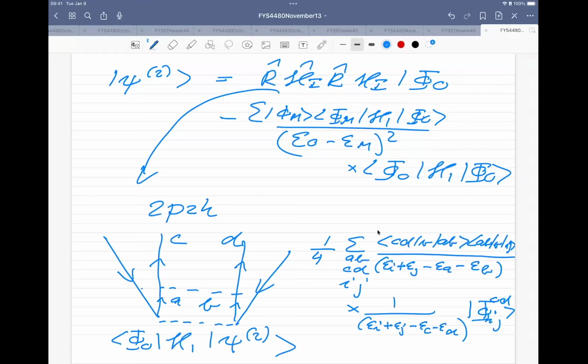So this, when we contract that one with the final term, this term here, then I need actually to set up a final interaction here, which is then going to contract with these ones.